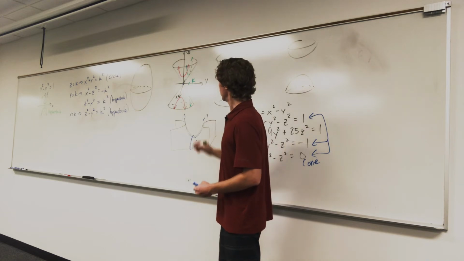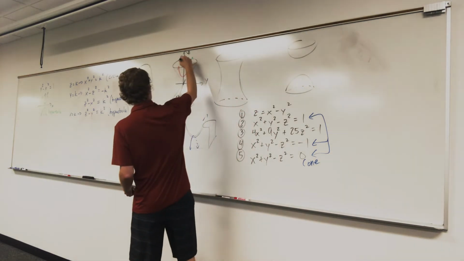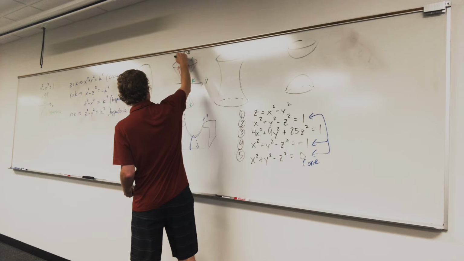Oh, that's good. So if this is y equals k, the plane is going to look something like this.